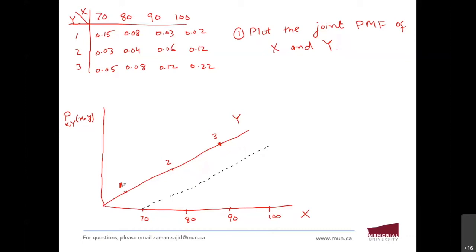And if I want to extend this, this will be parallel to the x-axis here. So this line will be a straight line from here. So the point where they are coinciding is something here.